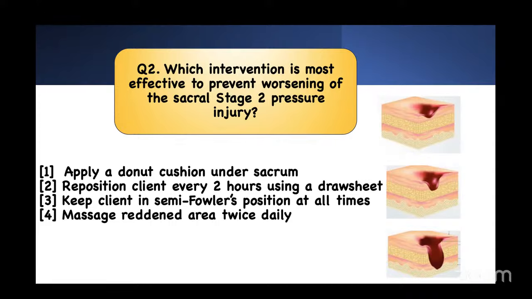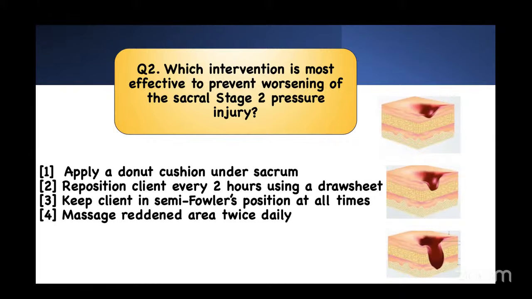Of course, if you massage areas that are red already, it's going to progress and you're going to worsen their sacral decubitus. A donut will put too much pressure. It's always a misconception. Donuts are not good in the management of stage 2 pressure injury. Keeping them in the semi-Fowler position at all times, you contradict number 2.